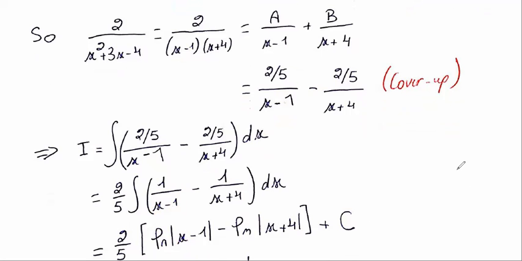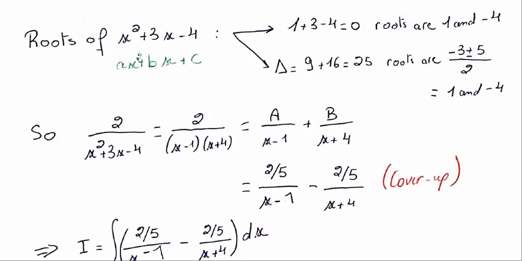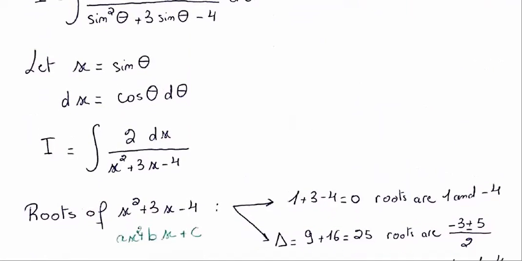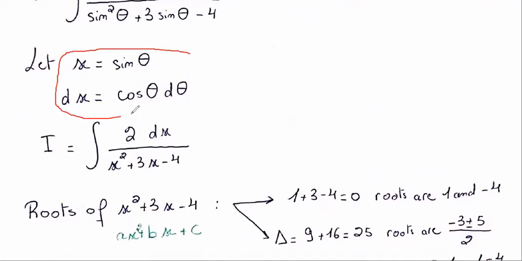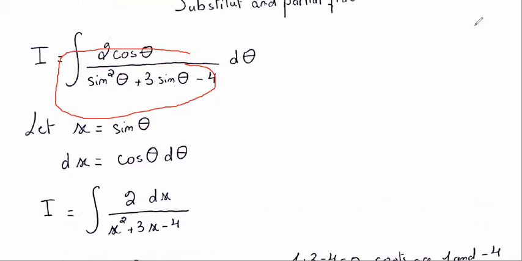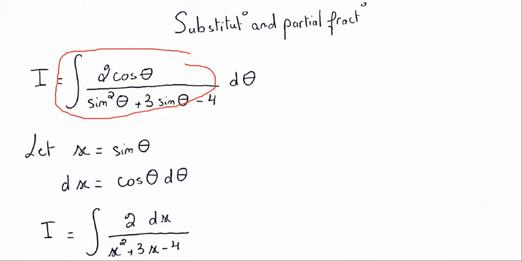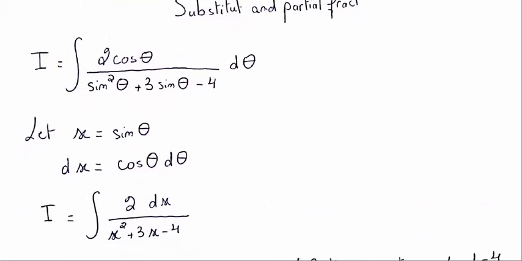Now, don't forget that at the beginning, we made a substitution. So we said x is going to be sine theta. So the integral that I'm solving is a function of theta. So the final answer should be with respect to the variable theta, not the substitution variable, which is x.